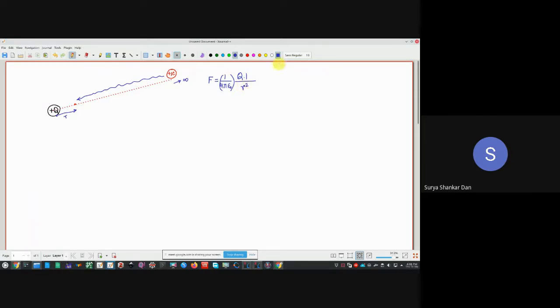So as your friend had rightly said, if we are putting F at infinity, that essentially becomes infinity square, that becomes 0. Essentially meaning that if we are referring to a particle which is at infinity, the force applicable on that particle is 0. Okay, this is the force.